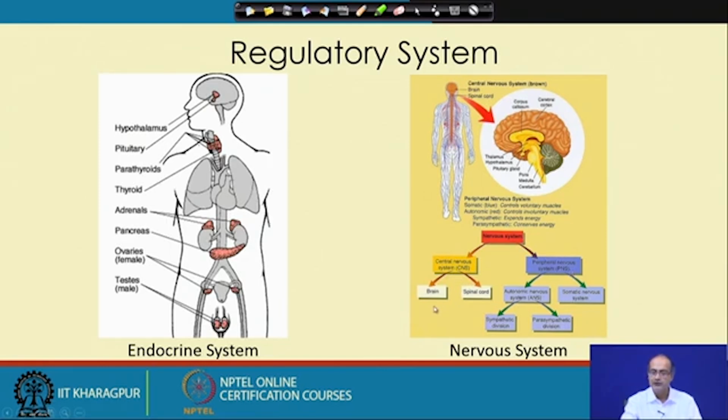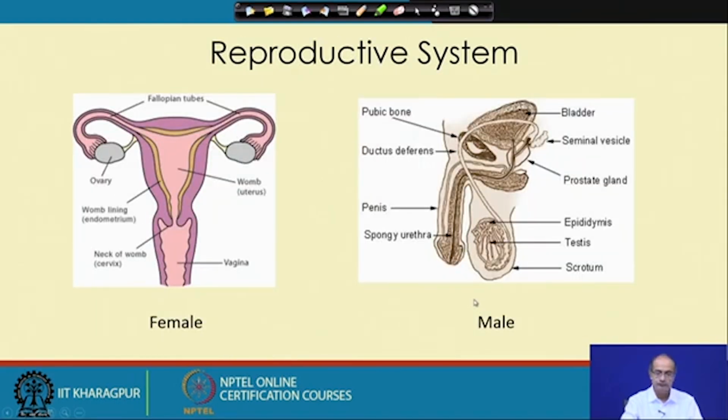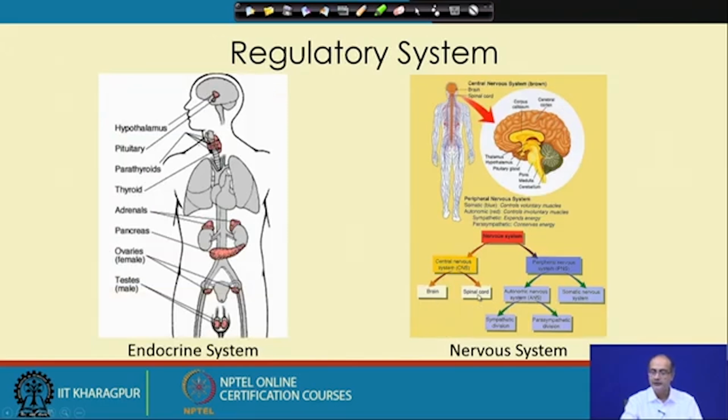The central nervous system consists of the brain and the spinal cord. The brain and the spinal cord make a lot of decisions. For example, when we decide to move our hand or leg or want to speak, those commands come from there.